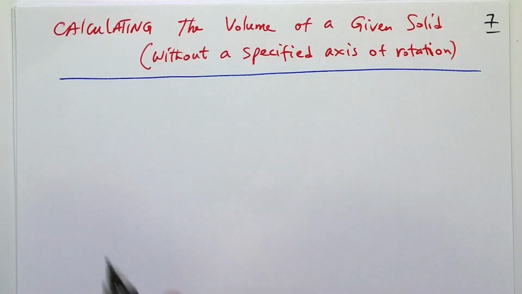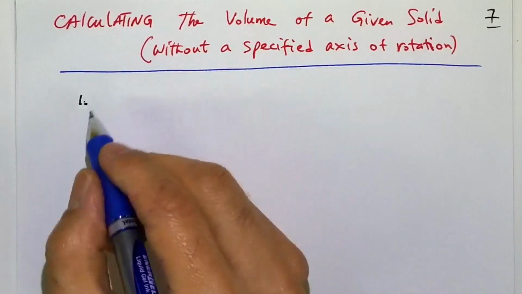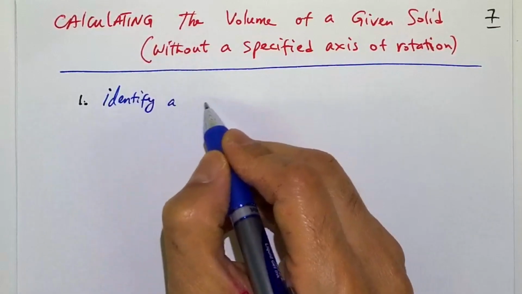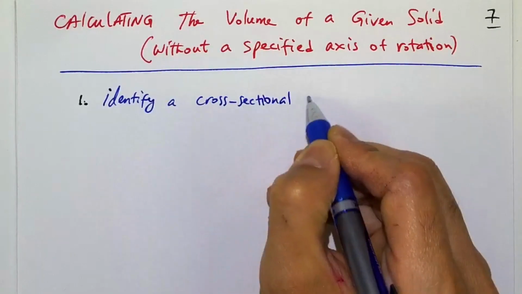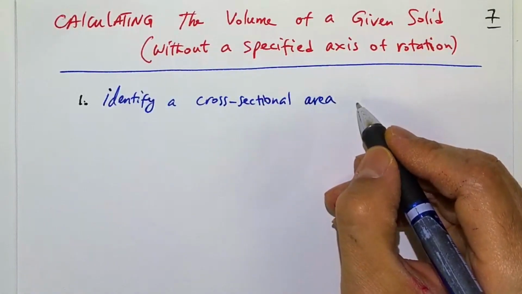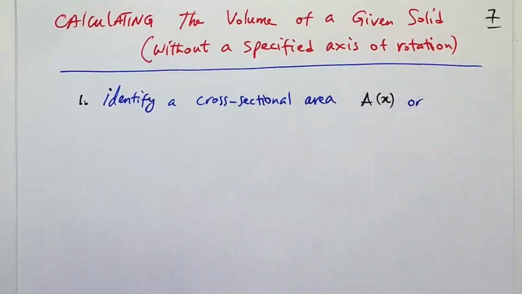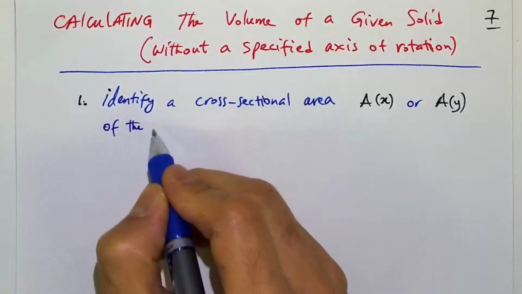So let's just create a bullet list of things that we should be mindful of here. So in situations like this, we want to identify a cross-sectional area. And that could be either in terms of x or in terms of y of the given solid that we have.